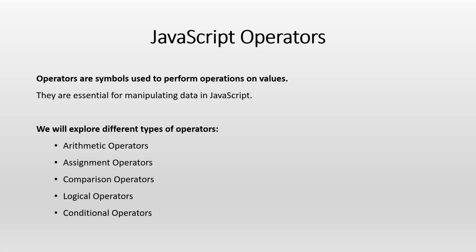To manipulate data, they are used in programming languages, not only in JavaScript. Next, let us see different kinds of operators. Here you can see there are different types of operators like arithmetic operators, assignment operators, comparison operators, logical operators, and conditional operators. No need to remember all these things, but you need to know they exist.